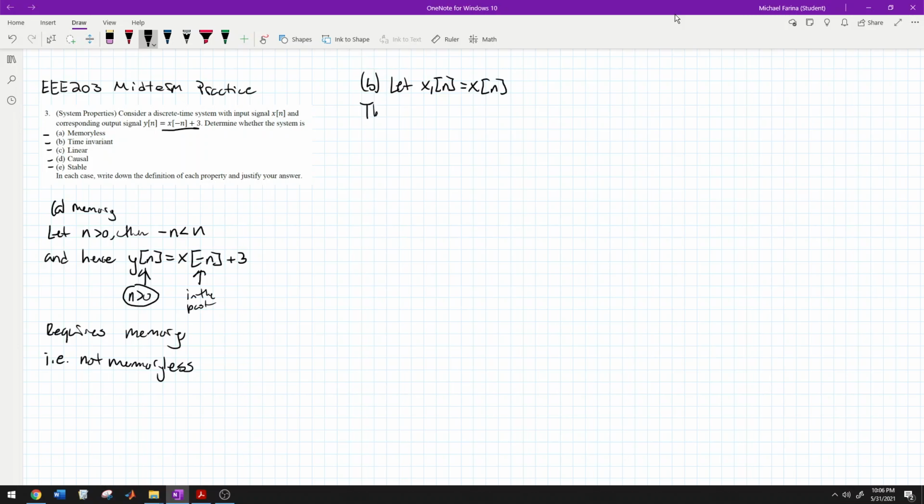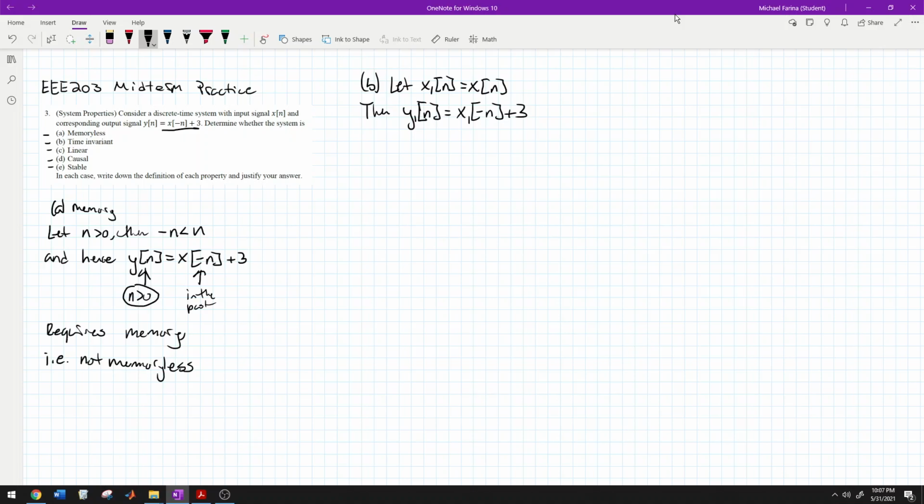Then we have that y1 of n is equal to x1 of negative n plus 3.